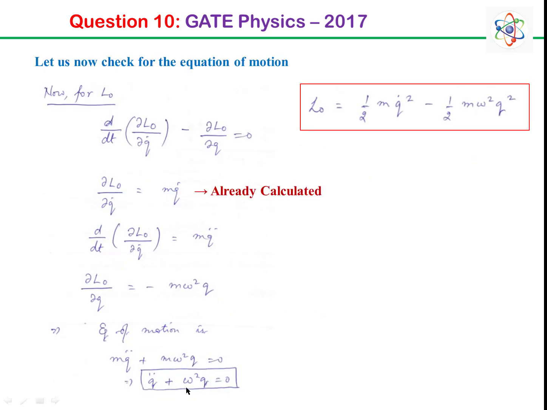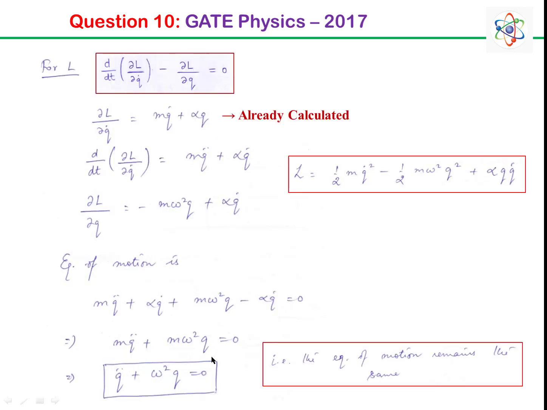So earlier this was the equation, q double dot plus omega square q equals 0, and for the changed Lagrangian we again get the same equation, q double dot plus omega square q equals 0. So the equation of motion does not change for the change in Lagrangian.